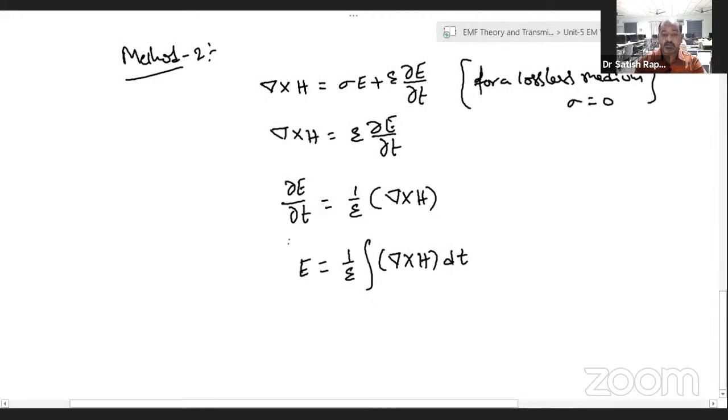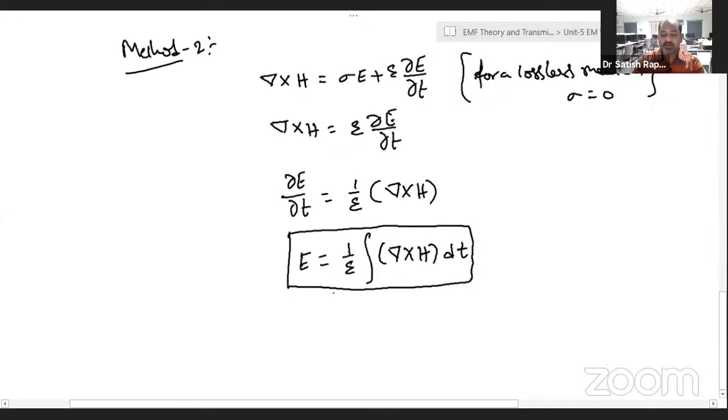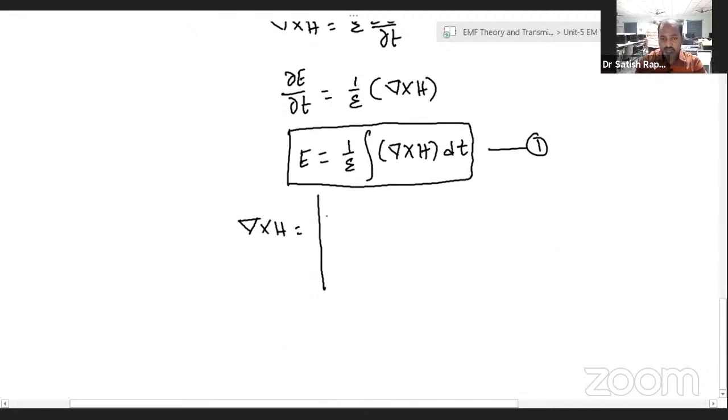This is how we can determine the electric field if H is given. Let us say this is equation 1, and determine del cross H, substitute, simplify, and you'll get the answer.